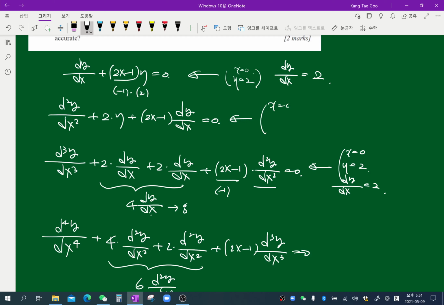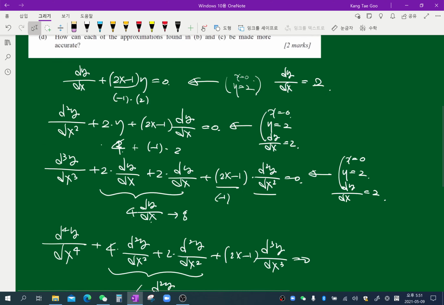Sorry, x goes to be 0, y goes to be 2, dy/dx goes to be 2 as well. Then this one is 2 times 2, 4, minus 1, 2, 2 minus 2, right? So that d squared y/dx squared goes to be minus 2.